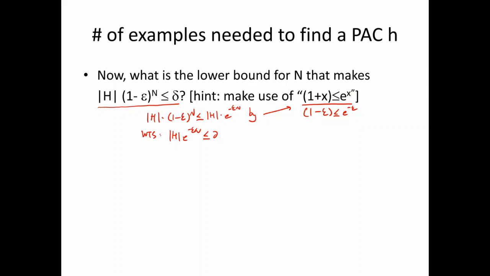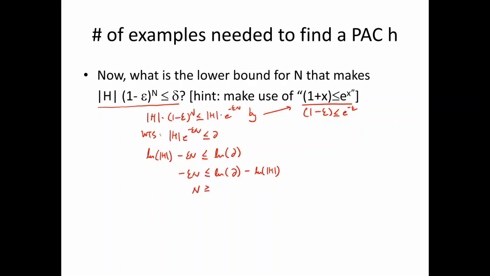And after this point, simple math. Take natural log on both sides. And then we move natural log of |H| to the right-hand side. And we divide both sides by negative epsilon.